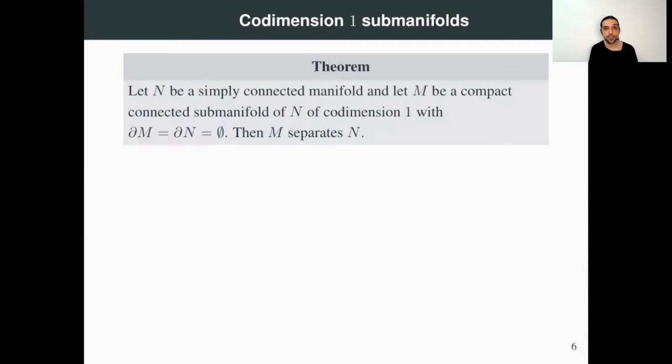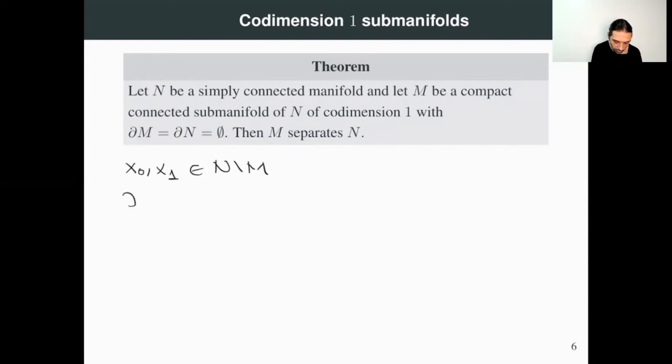Both these manifolds have no boundary, and so under this hypothesis, M separates N. So what we are going to see is the following. We are going to consider x0 and x1 points that belong to N, but do not belong to M, okay?